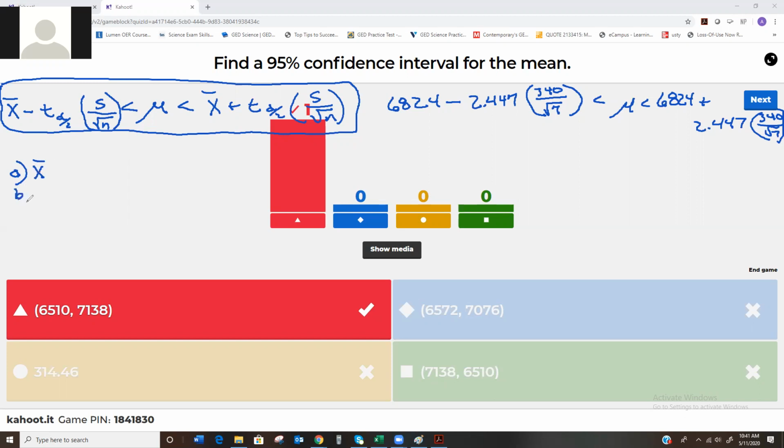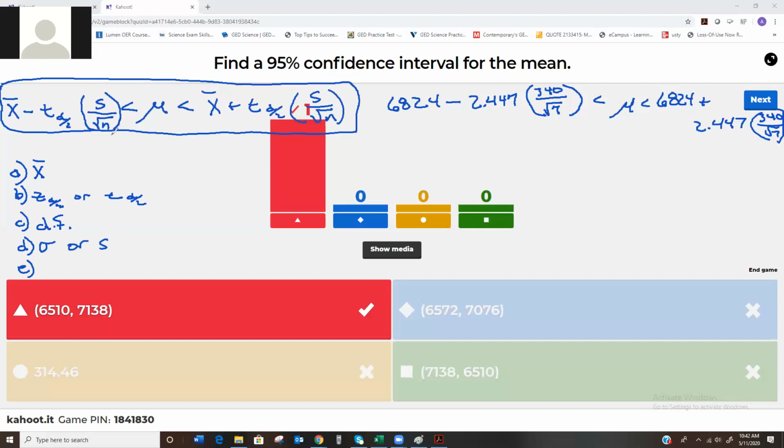And then for B, it asks you what's your T sub alpha or your Z sub alpha. And then for C, I think it asks you for the degrees of freedom. And then D is, I think, S, it says sigma or S. And then E is the final answer.